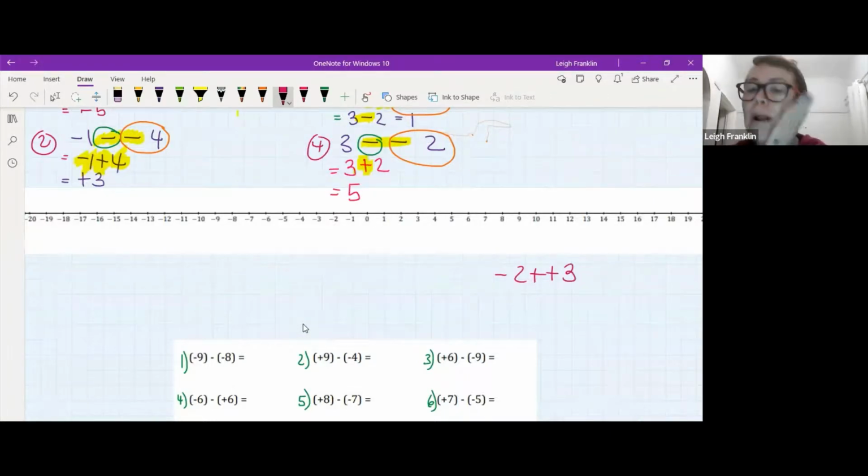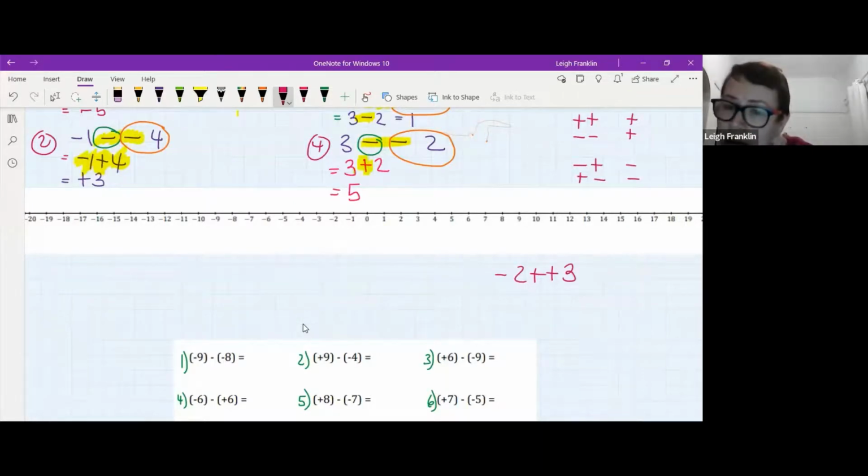No. What happens here, Olwa, is that when two signs sit next to one another and they're the same, we're always going to be making that into plus. So plus becomes plus and minus becomes plus. And when two signs sit next to one another that are opposite in sign, then it becomes minus.